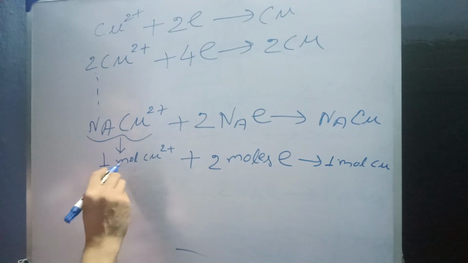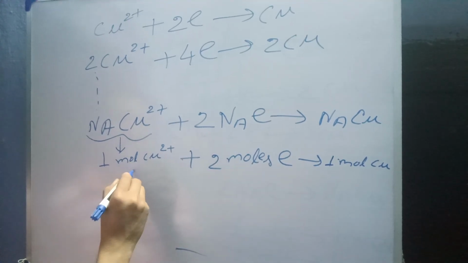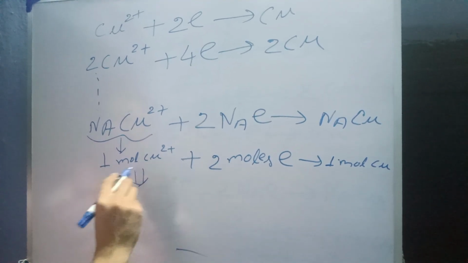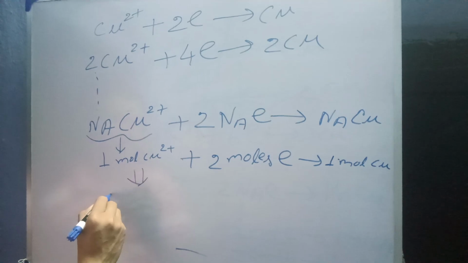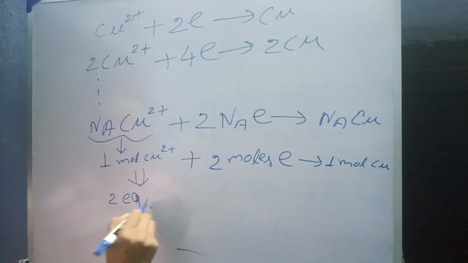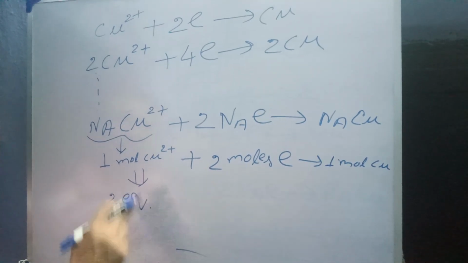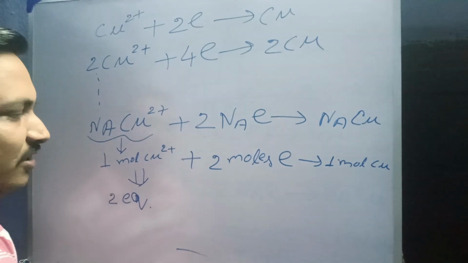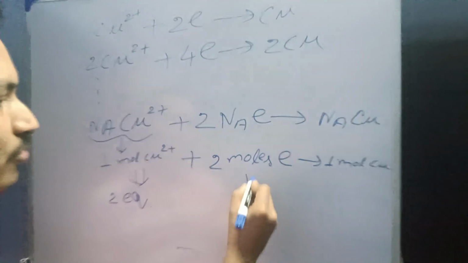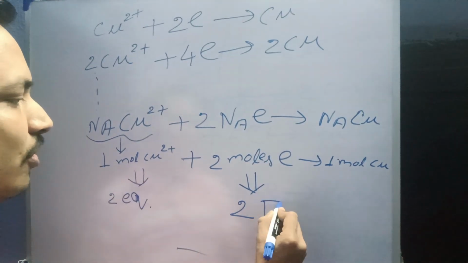Now 1 mole of Cu2 plus means 2 equivalents of Cu2 plus, which I designate as EQ. I will discuss later how 1 mole of Cu2 plus is equivalent to 2 equivalents. This 2 moles of electrons means 2 Faradays of electrons.